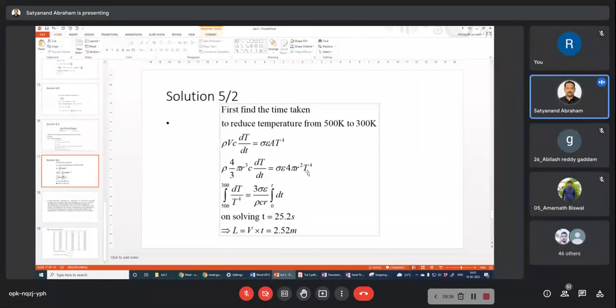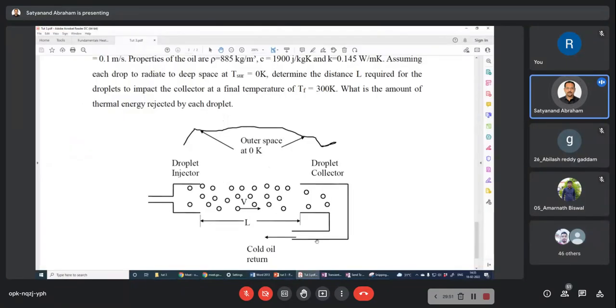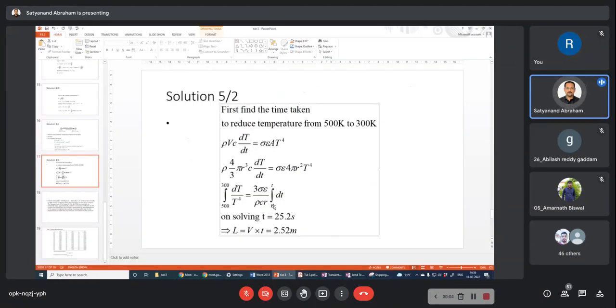We can put the like terms on the same side, and so we come up with the equation: dT by T raised to 4, integrating from 500 to 300. Because by the time it goes from x equals 0 to x equals L, it needs to reduce its temperature from 500 to 300 Kelvin, and the time taken is from 0 to t.